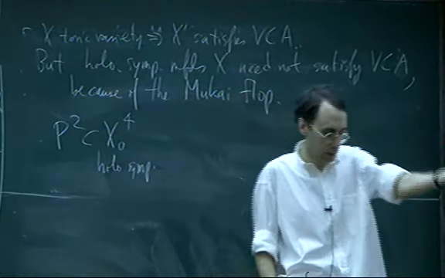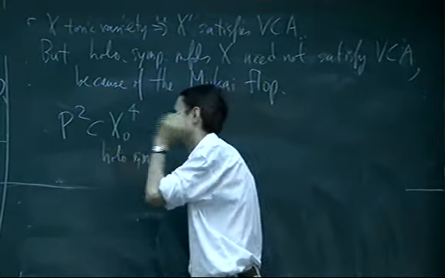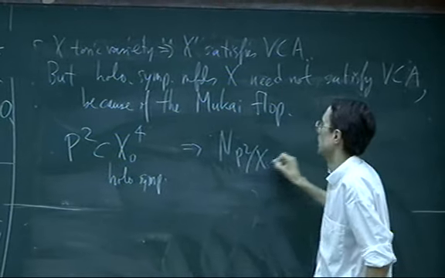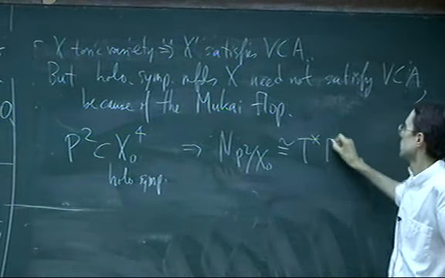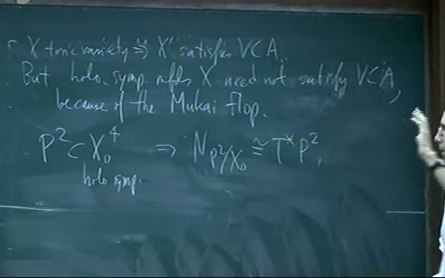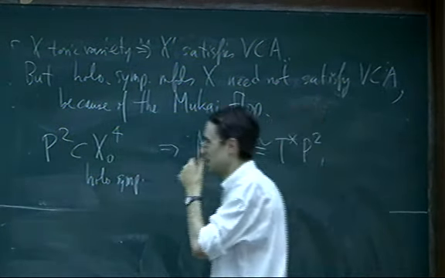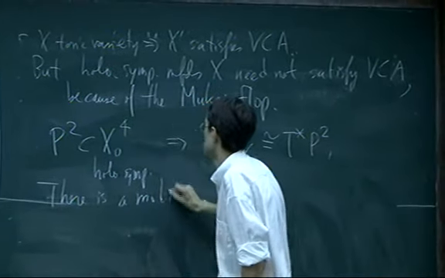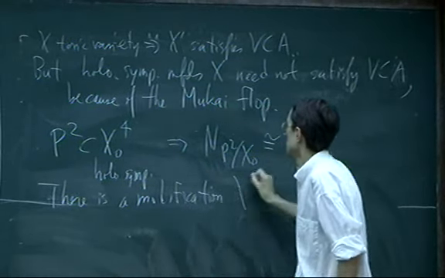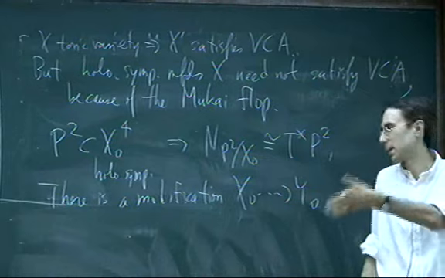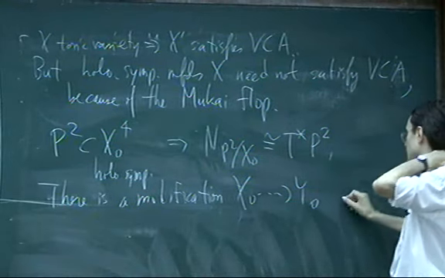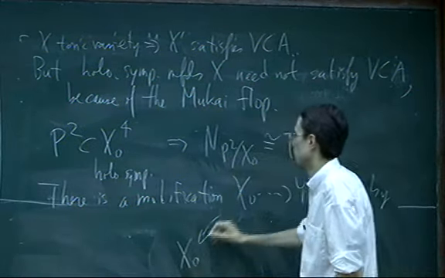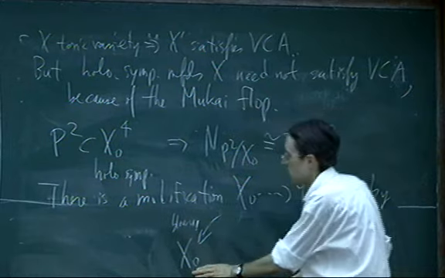That will automatically be Lagrangian with respect to the 2-form, and the normal bundle to this P2 will automatically be the cotangent bundle of P2, just because that's the way holomorphic symplectic manifolds work. In that case, there is a modification X0 to Y0 that cuts out this P2 and replaces it by another P2. One way to describe it would be: take X0 and blow up the P2.